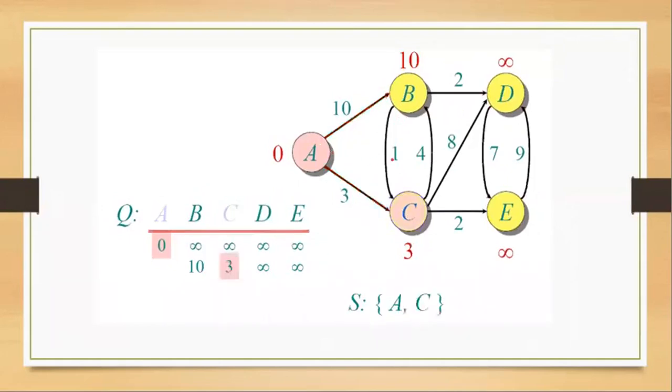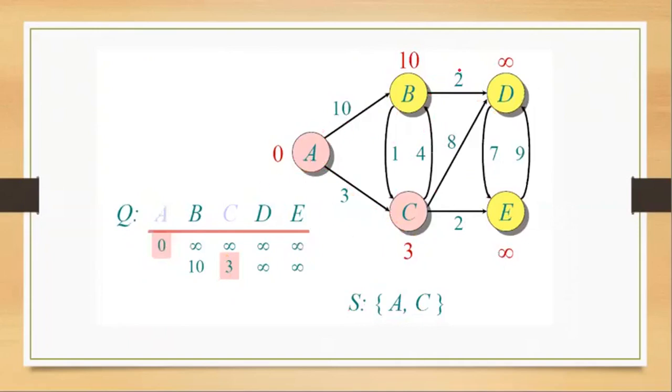After that, I have to take the next minimum weight. From A to C, I have got a minimum weight of 3. So I'll add the node C to our set, and then I will try to find the path from A and C. That is, I will go from A to C. Then I will look for how I can decrease my distance from A to all the other vertices.